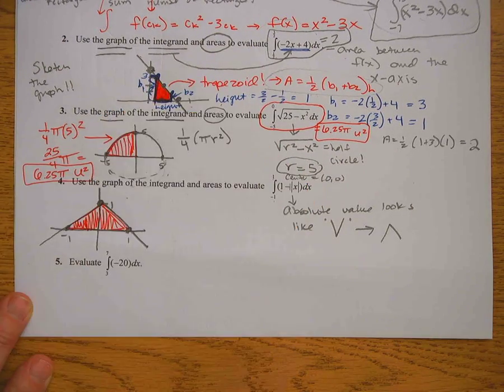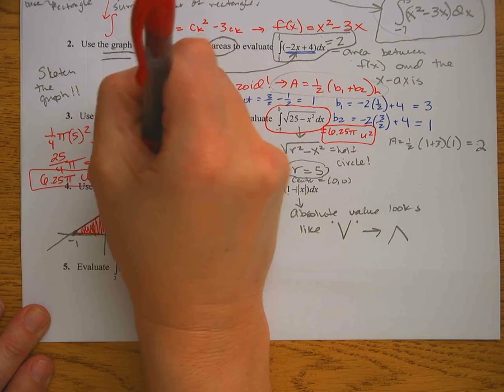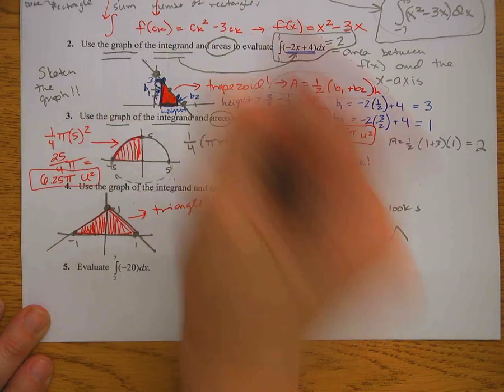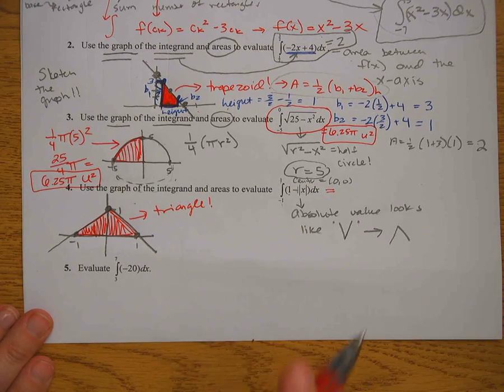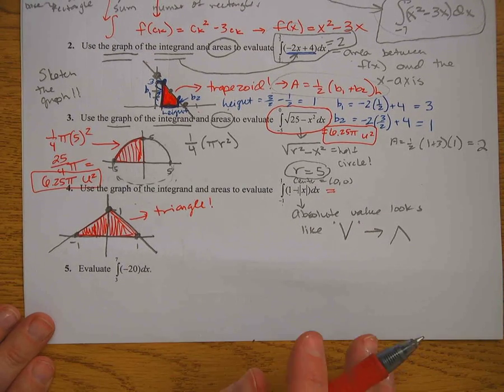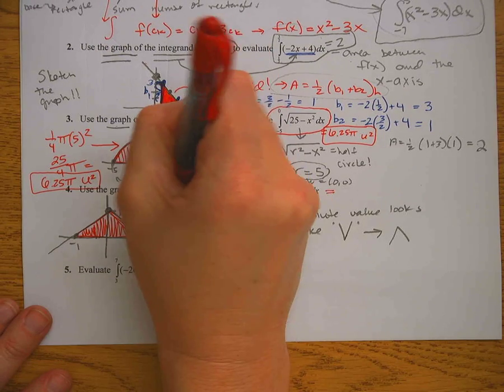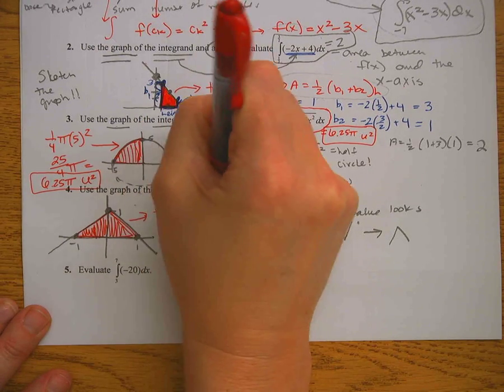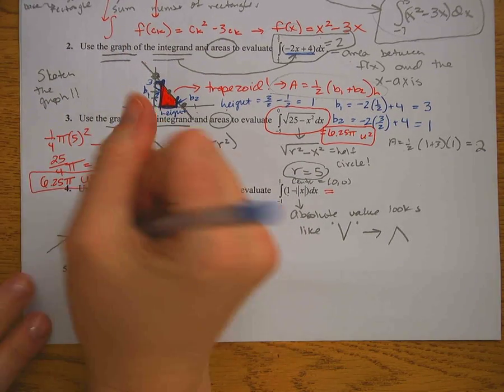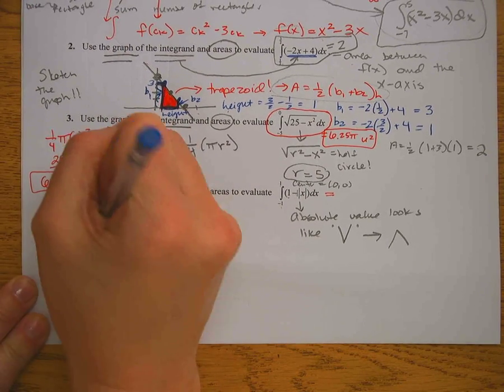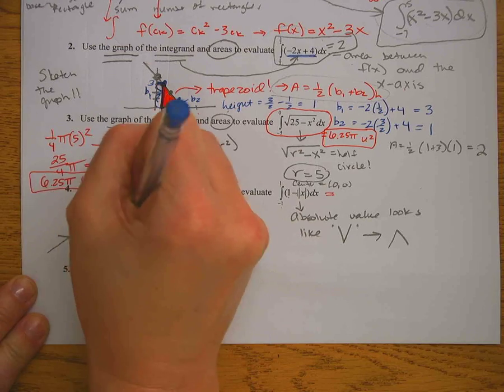Well, hopefully you're noticing that's just a triangle. I know a formula for that area. That's not a problem. So I can basically evaluate this integral by finding the area of the triangle. Well, I know that the area of a triangle is 1/2 base times height. So I can use this distance here between 1 and -1 as my base. So that would be 2.